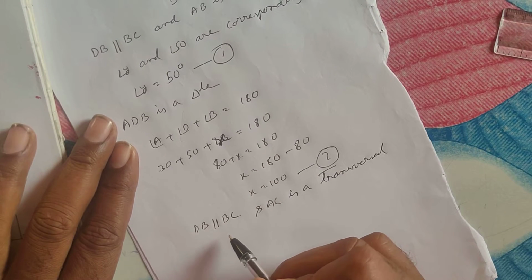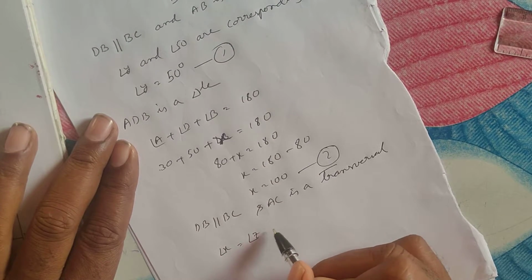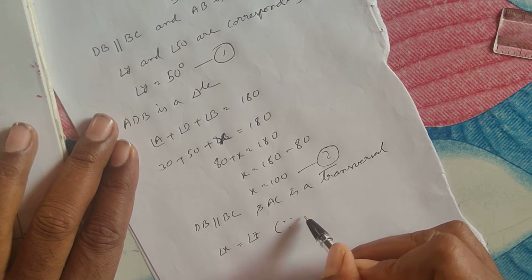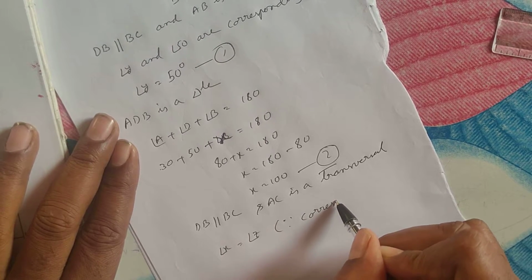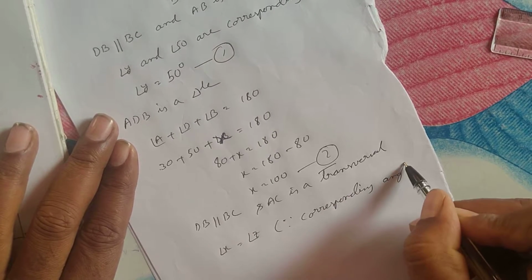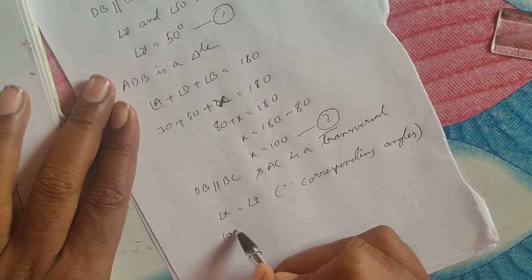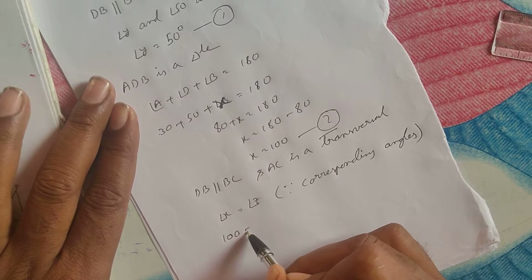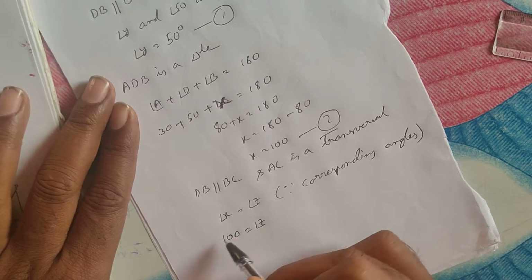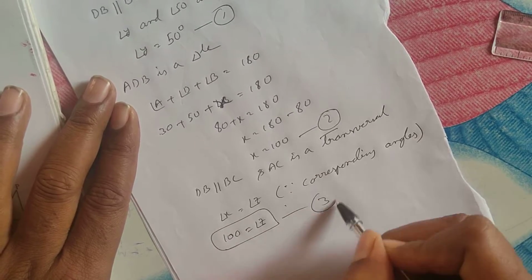Corresponding angles are equal. So angle X is equal to angle Z since they are corresponding angles. You can write it like this. Now angle X you got as 100 from equation number 2, is equal to angle Z. So angle Z is equal to 100. It is equation number 3.